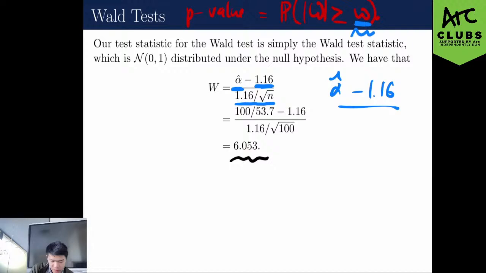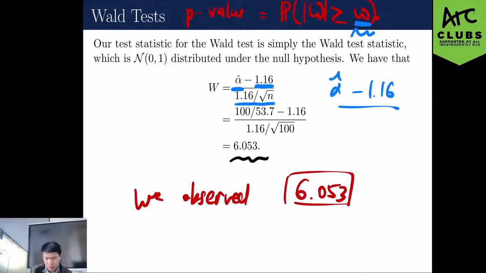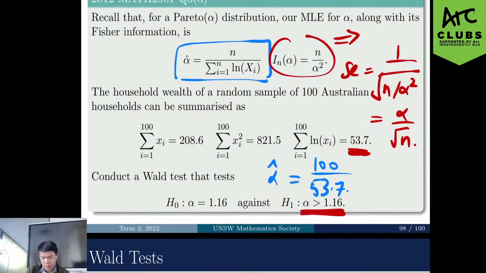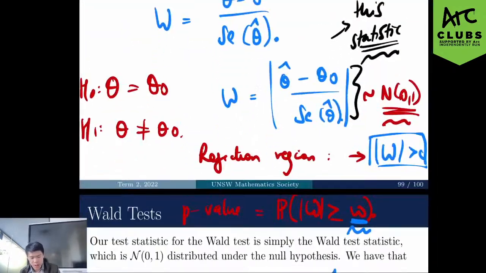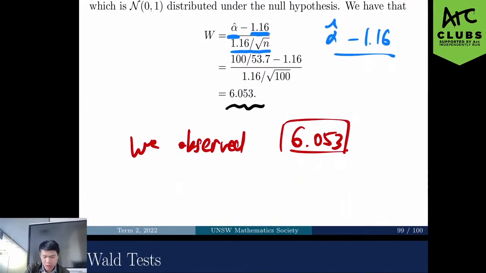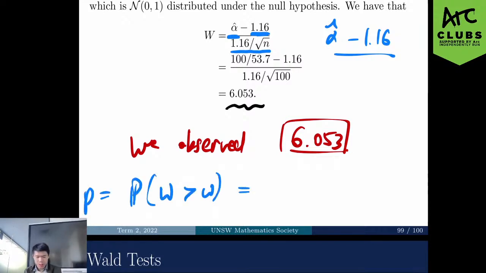So in other words, we observed 6.053. Okay, and because our alternative was just alpha is greater than 1.16, we want to reject for values that tell us that alpha is going to be large. So our p-value, and the definition of extreme, is the probability that the Wald test statistic is greater than 6.053.